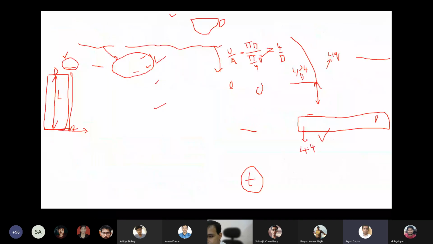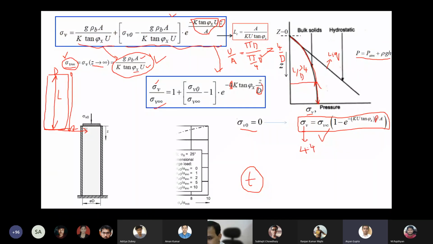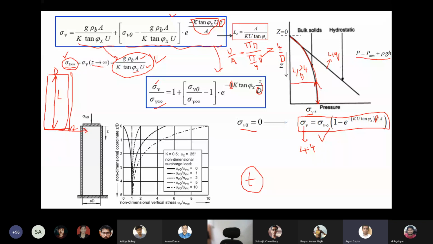Actually, I could not follow your question. Can you say it once again? Sir, the curve predicted by the Janssen equation is very idealistic in the sense that it requires the same compactness at all times, if I'm getting it right. We have assumed uniform compactness in there.